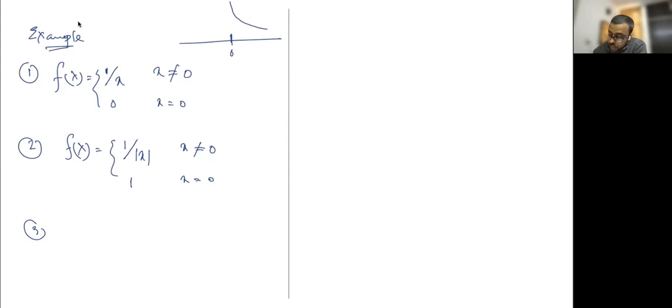And on the left of 0, the behavior is like this. So the limit of f(x) as x goes to 0 from the left is minus infinity. So in this case, the limit of f(x) as x goes to 0 does not exist.